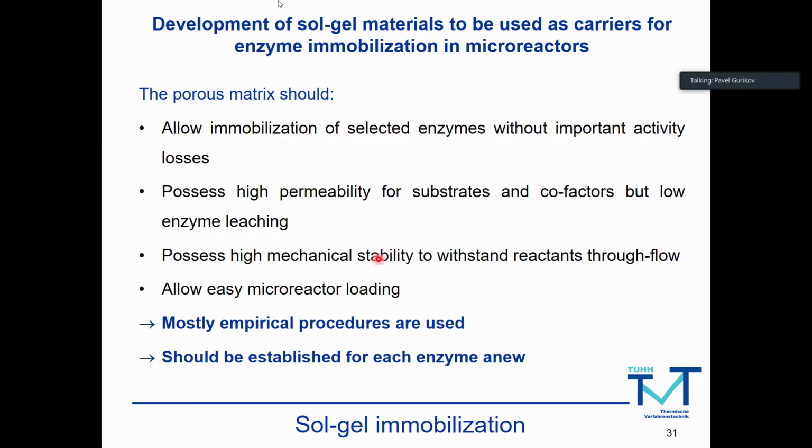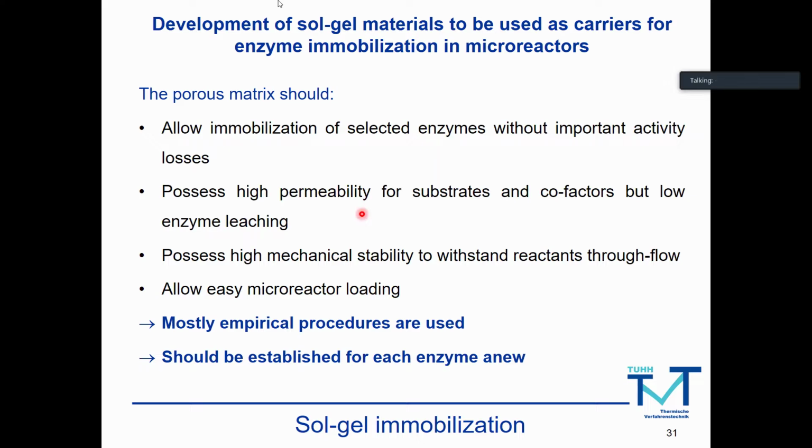When we worked on our microreactors, we decided to create a porous matrix, sort of a gel, which allows immobilization of our enzymes without loss of activity. That was the main thing. You don't need an activated enzyme. The gel should also have a certain permeability.